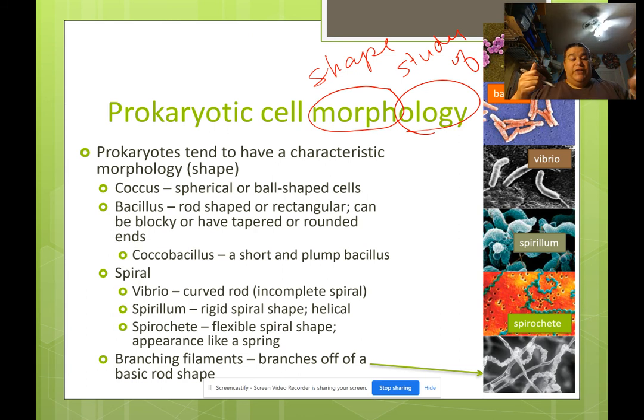I know that morph is shape. You can put it in another word, and if I see it, I know that part of the word means shape. Ology is a study of. So without having to go to a dictionary, I know morphology is the study of shape.